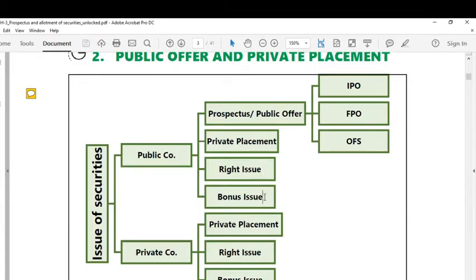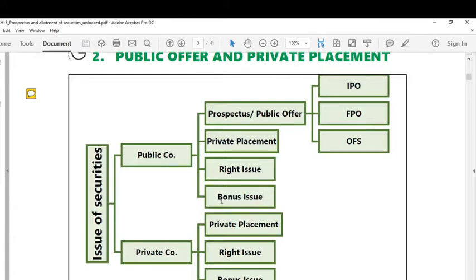And when it comes to the fourth mode of issue by a public company, it is the bonus issue. Students, you are all aware of the bonus issue.